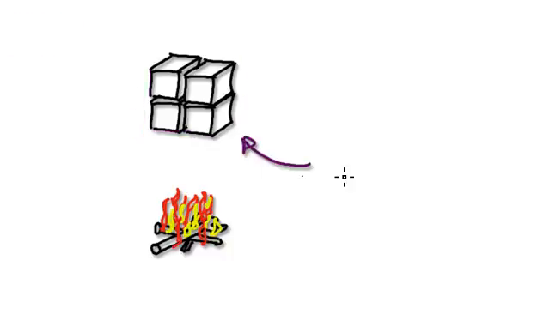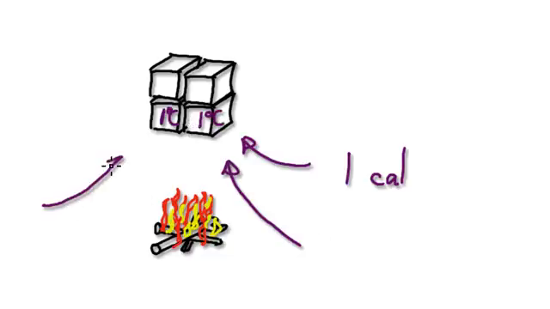If you inject one calorie into here, then you're going to raise one of the cubes by one degree. If you inject another calorie, then you have a choice: this will increase to 2, or this will increase by 1. If you inject another calorie, then maybe this will go up by 1, or this will increase to 2.